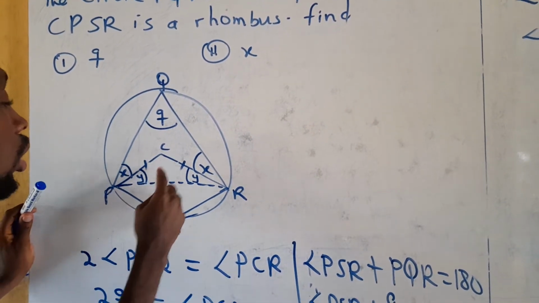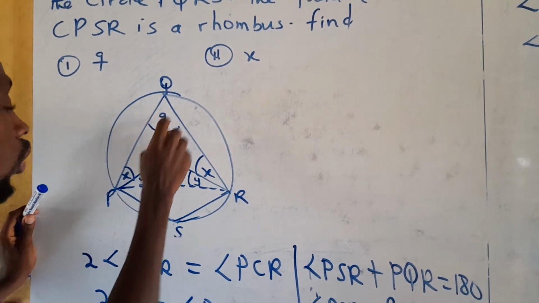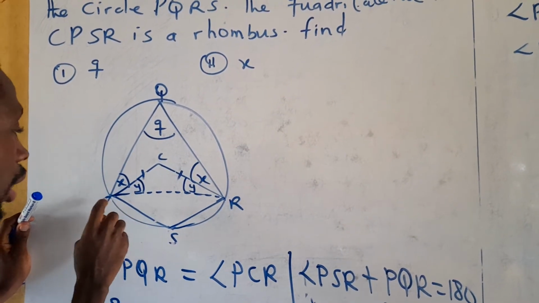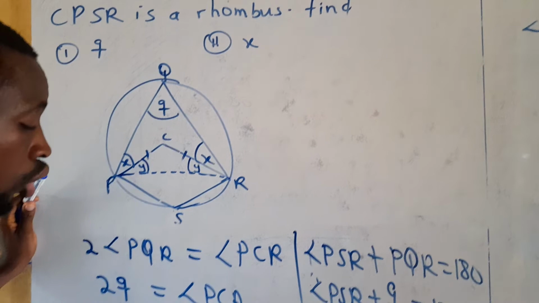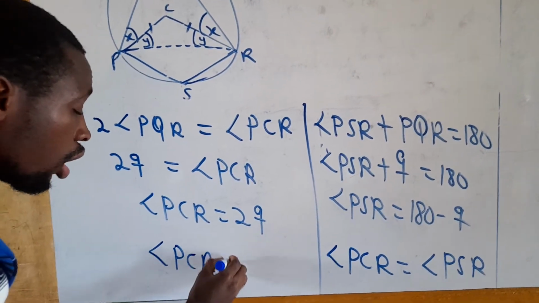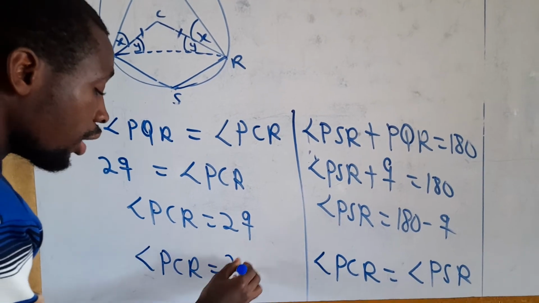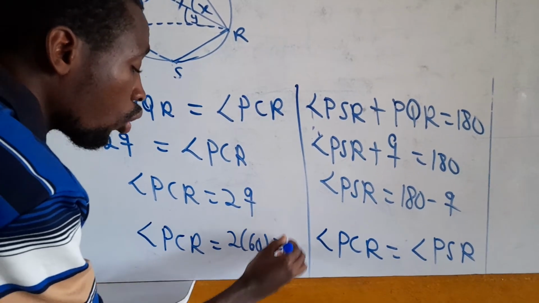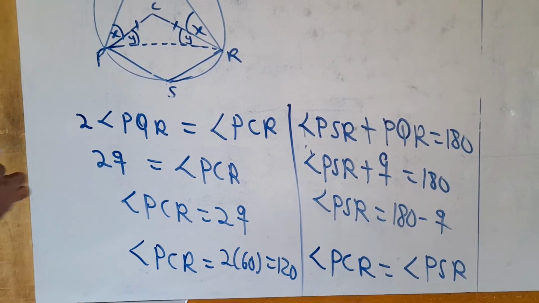And we know this angle. Twice of this angle is this. That's angle PCR. Angle PCR is 2Q. So we can say angle PCR is equal to 2 times 60, that will be equal to 120 degrees.